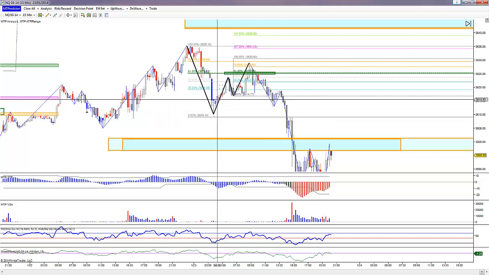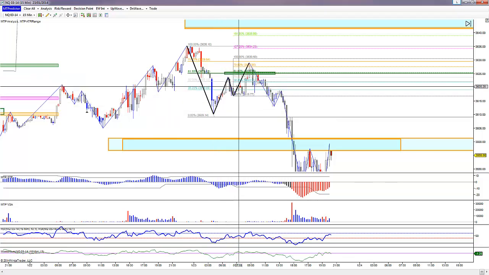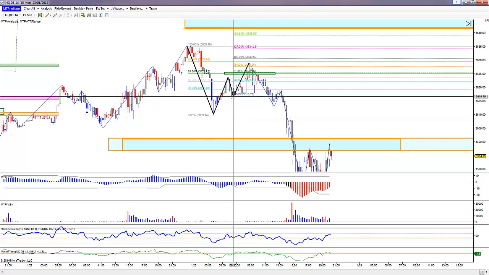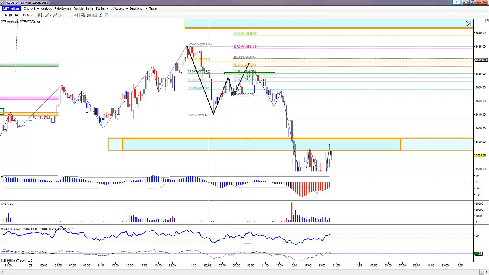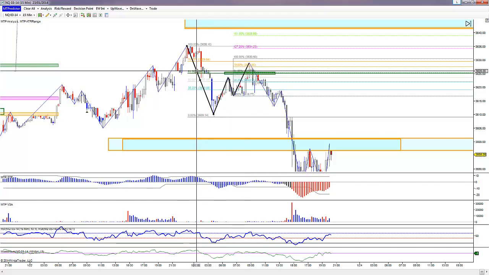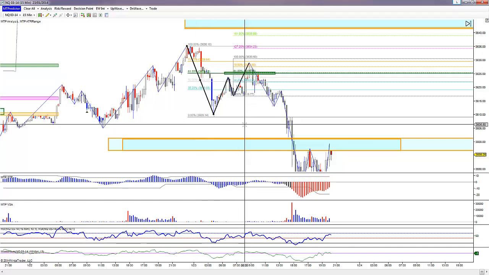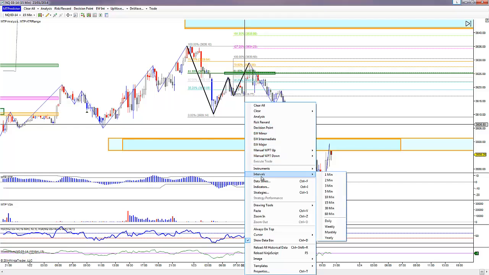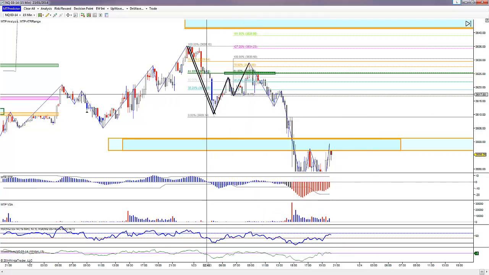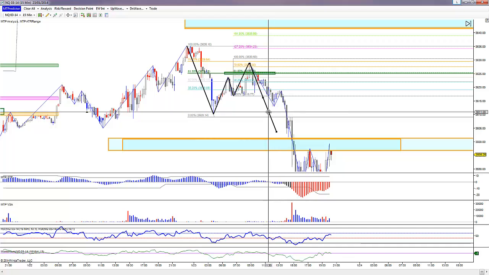So I've got some nice symmetry of price, and I've got some nice symmetry of time in the same place. That then leads me to believe that what we're seeing here is a formation of an AB equals CD, in which case I will make a copy of that, paste it, and move it down there.